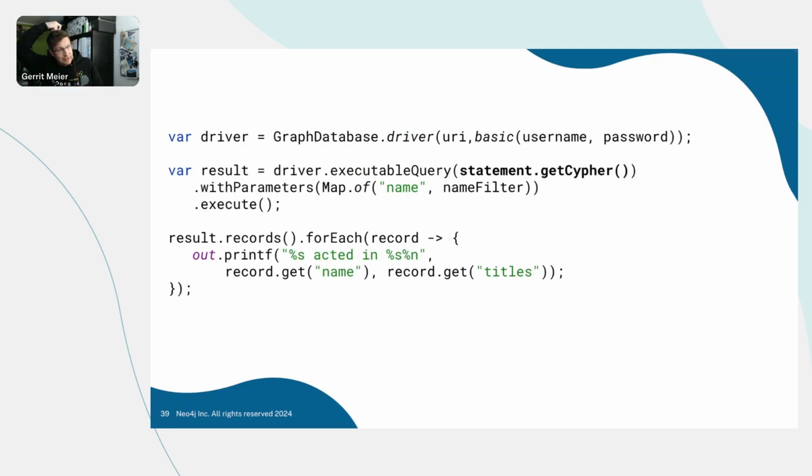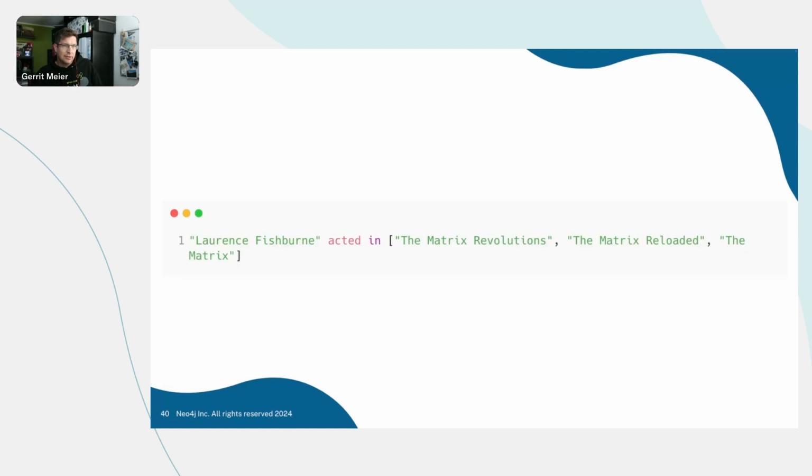So it's the same query, or the same code that we had before, but instead of pure Cypher, we throw in the statement and want to generate the Cypher. Apply the additional parameter to the query, send it over to the database, and we get the same result, with the same amount of movies that you've seen before.